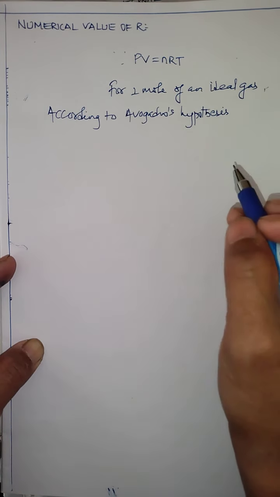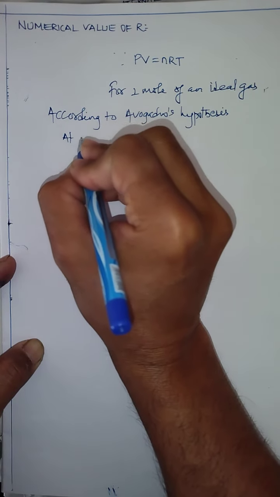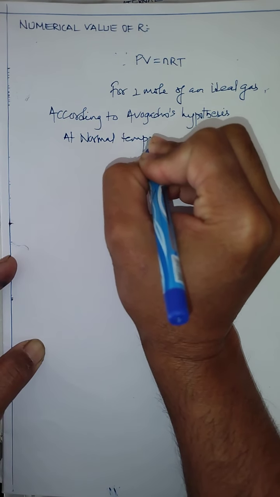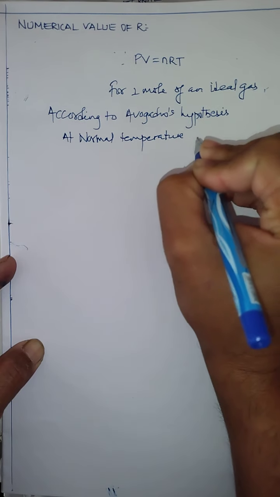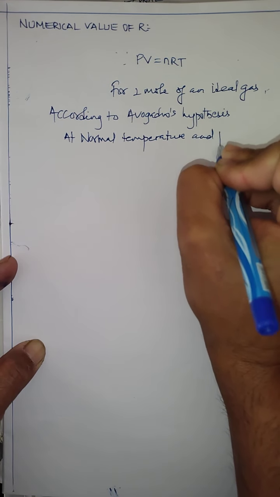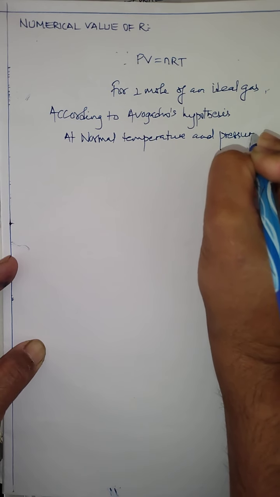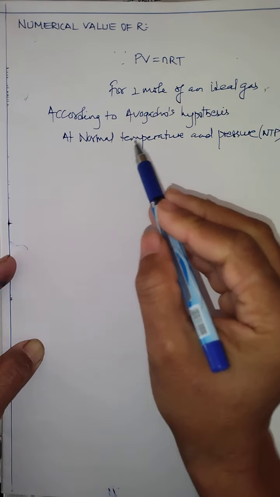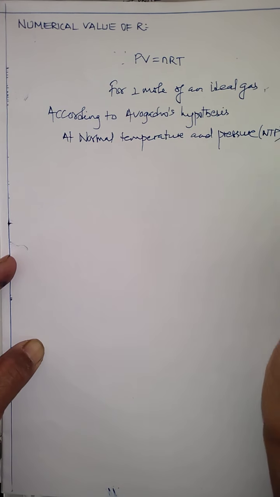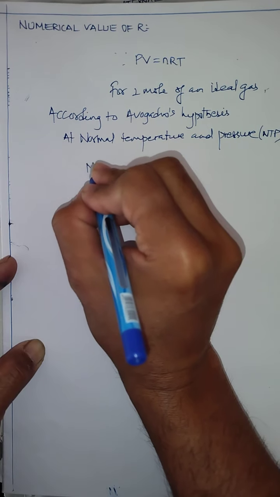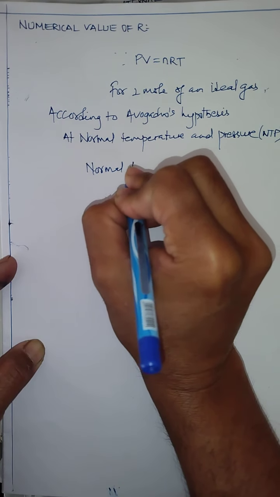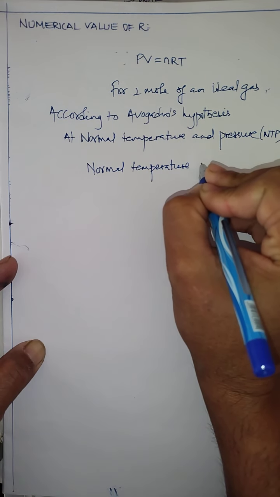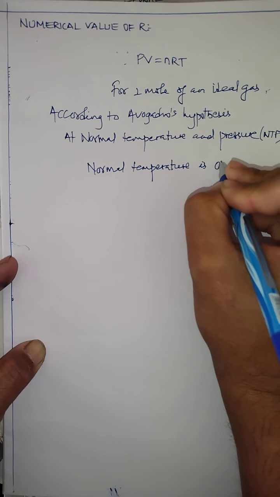So according to Avogadro's hypothesis, at normal temperature and pressure, NTP, as you have learned in chemistry, normal temperature is always how much? 0 degree Celsius.